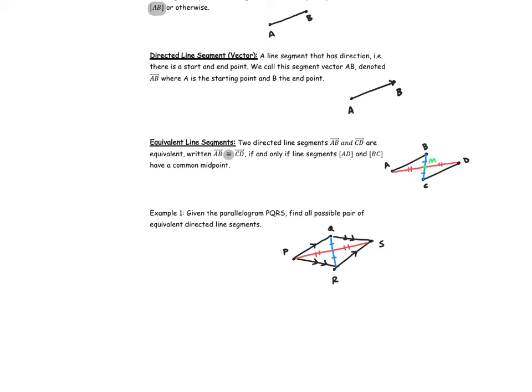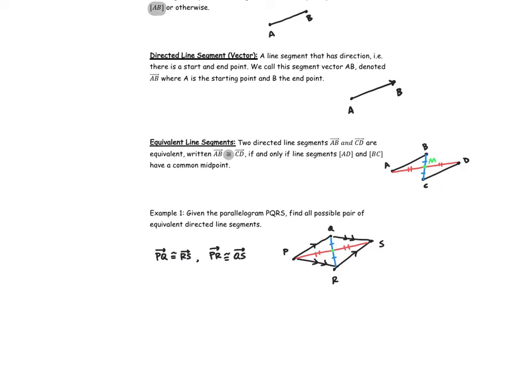So I can see clearly in a parallelogram that pairs of equivalent directed line segments would be PQ is equivalent to RS. And this is not all that interesting because we know, right, clearly PR equivalent to QS, right? This is pretty basic stuff.